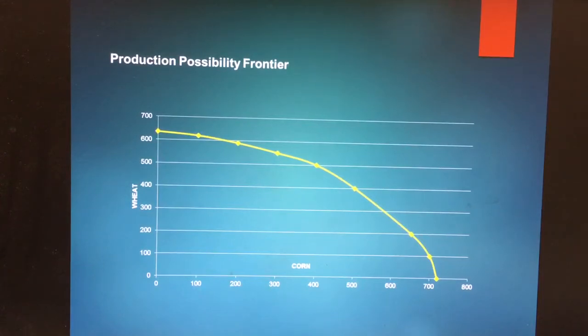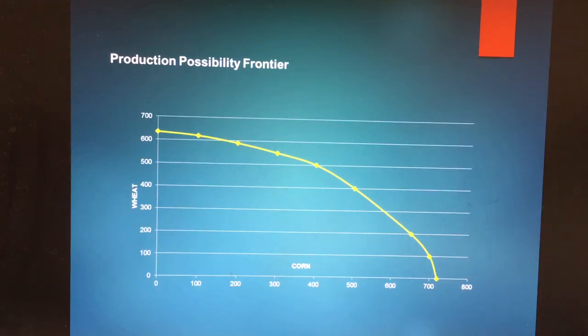What you notice, by the way, is that the graphing of this set of relationships is a convex curve, an outward bowed curve, and what that means is that as you move along the curve, whichever way you're going, the function's value or result is increasing at an increasing rate.